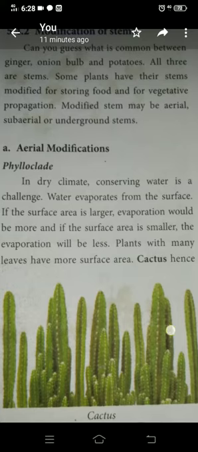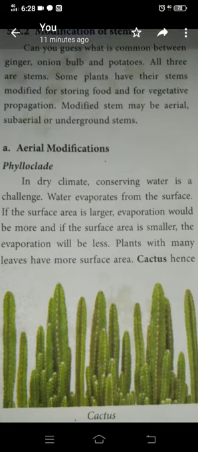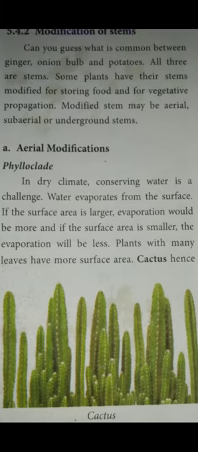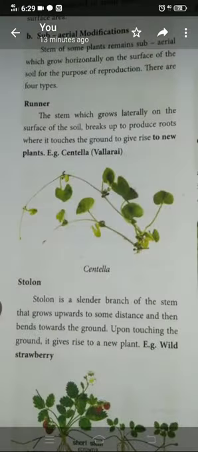The leaves are converted into thorns, that is spines. The leaves change into thorns. So how is it able to produce food? The stem itself is modified into a broad structure and produces the food. That is what we call a phylloclade. Phyllo means leaf, a leaf-like stem, and that is what we call a phylloclade.